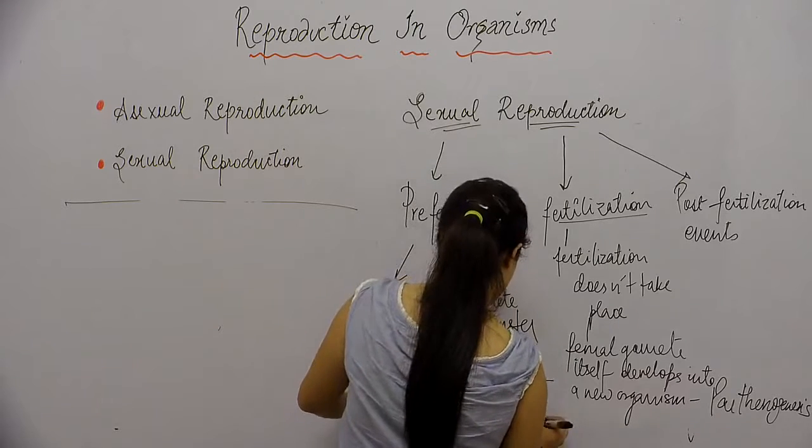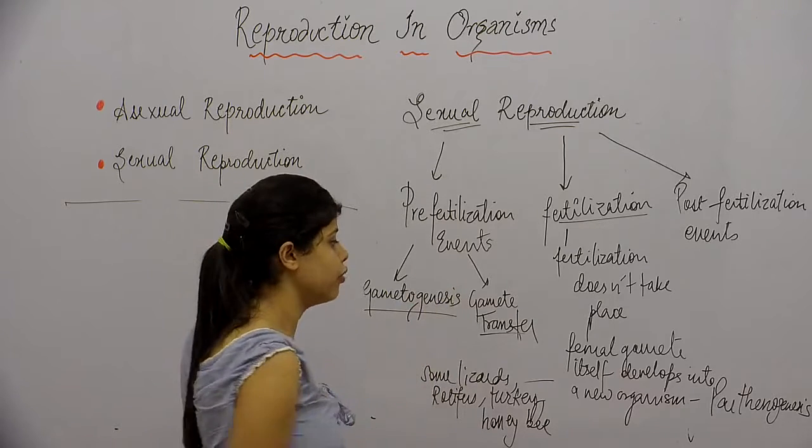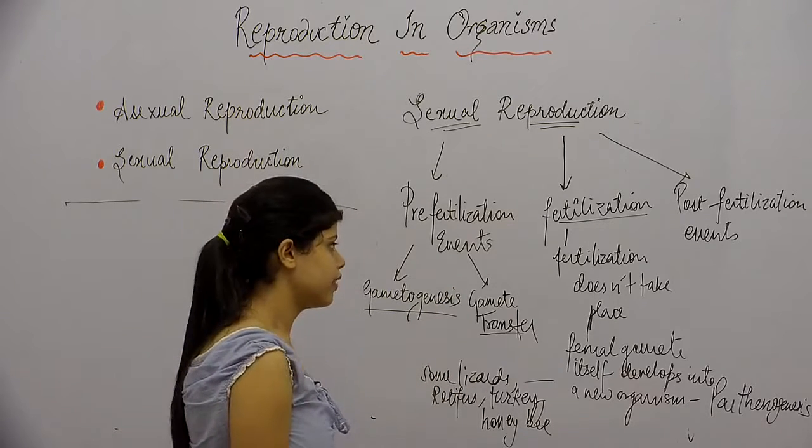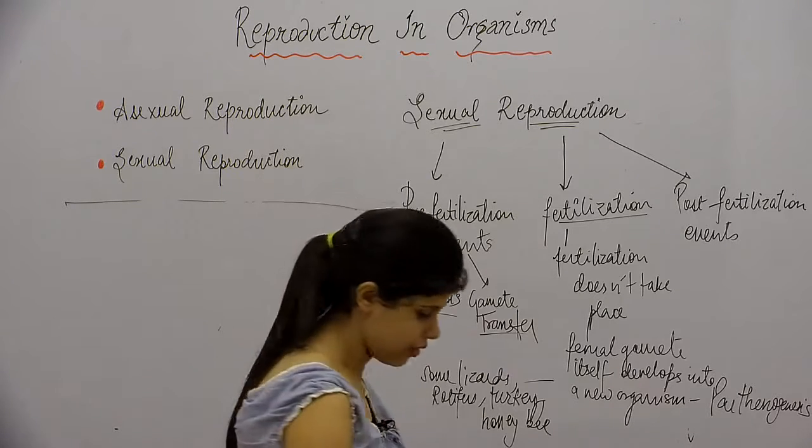In these organisms, the female gamete itself develops into a new organism, so the fertilization doesn't take place at all, and thus this process is known as parthenogenesis.